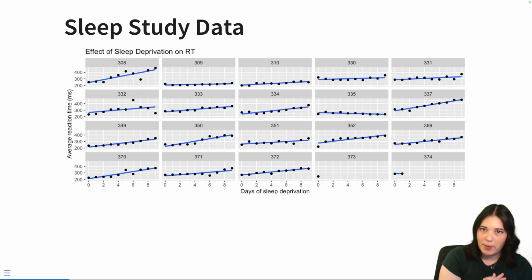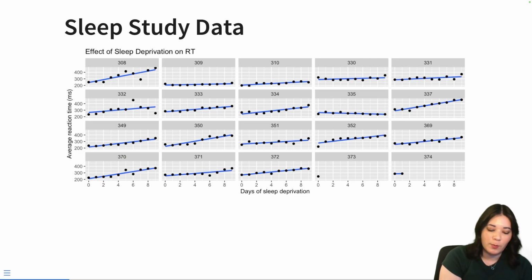Now, one thing I want to pause and talk about is this assumption that we talked about with regular linear regression, which is that all of the observations are IID, right? They're independent and identically distributed. And I want to focus on that independent part. Now, if we are measuring the same person multiple times, then the observations in our data set are no longer independent.